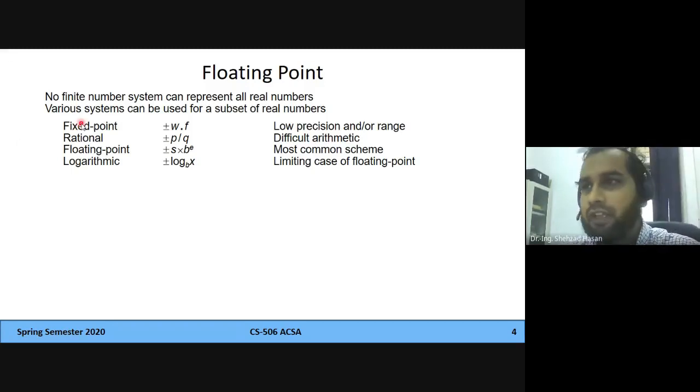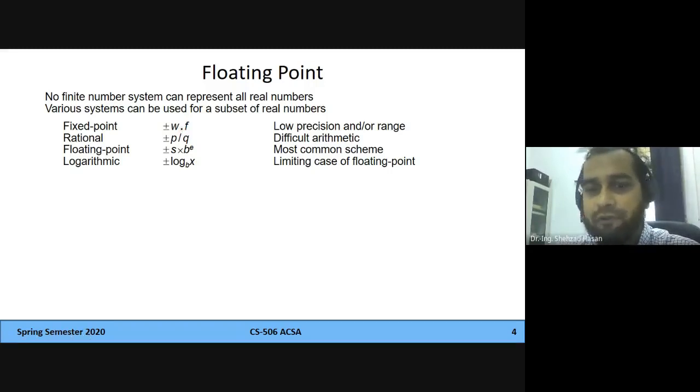If you look over here, there is plus minus w point f, where the plus minus means that you need a bit for storing the sign of that number, plus you need some bits for storing the integer part, where w is representing the integer part and f is representing the fractional part. The decimal point is fixed.